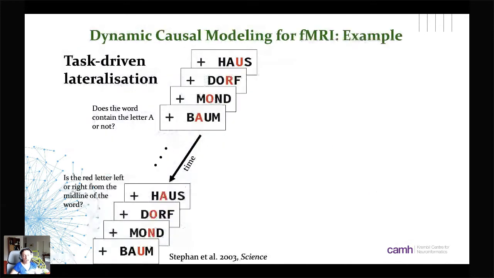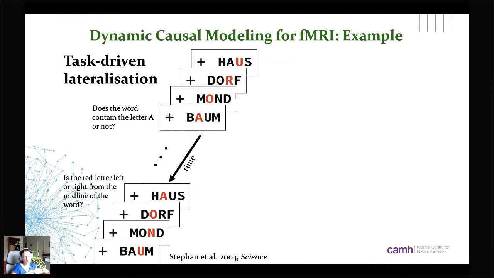Let's consider a previous quite seminal study to convey an example of how DCM works. Basically, this is a task where participants receive the same input, but under two conditions.